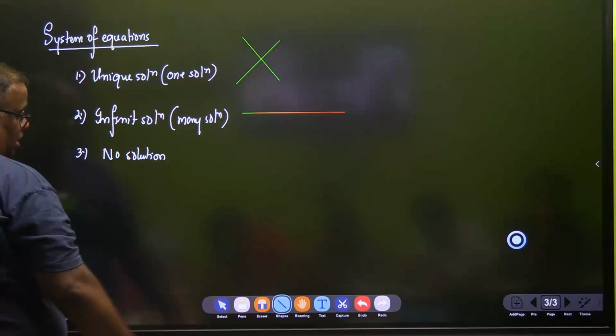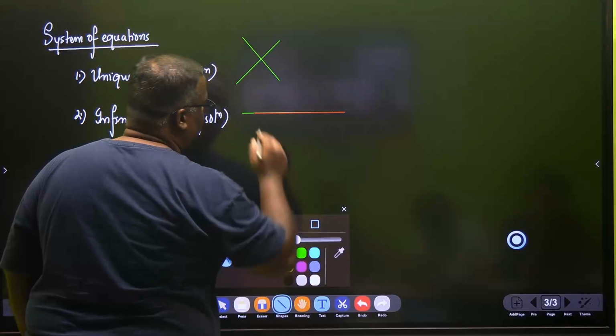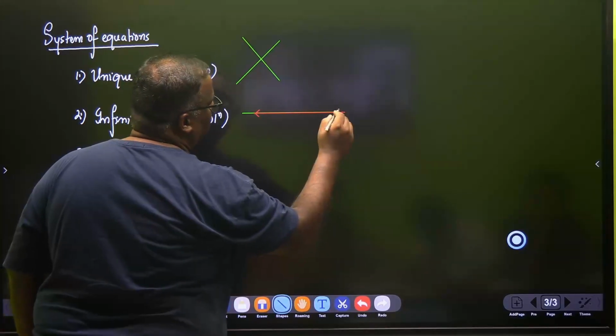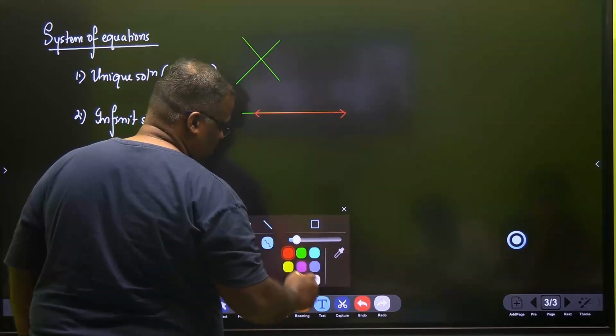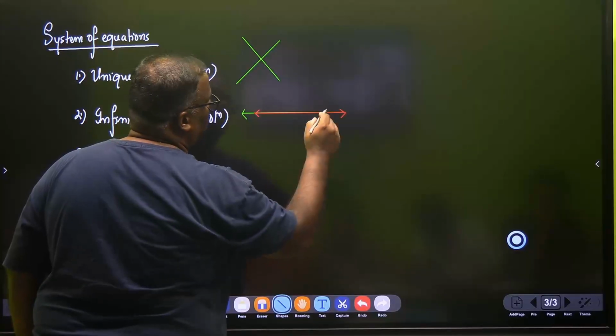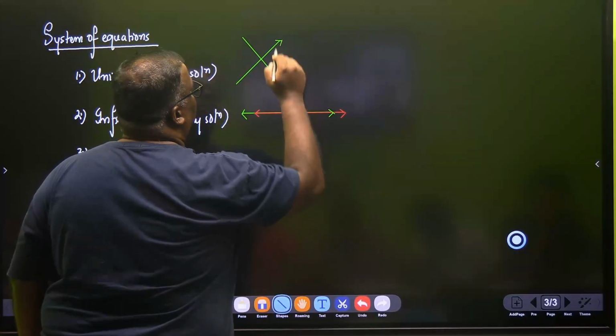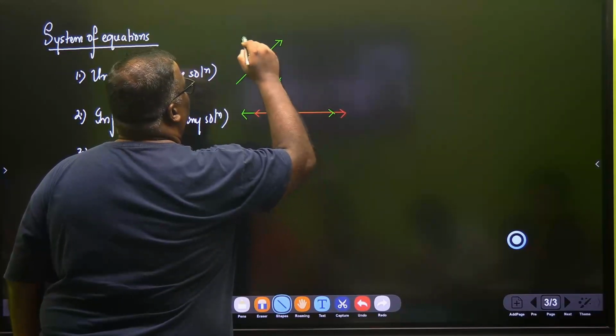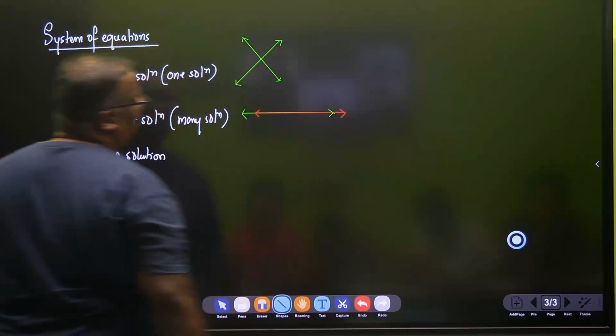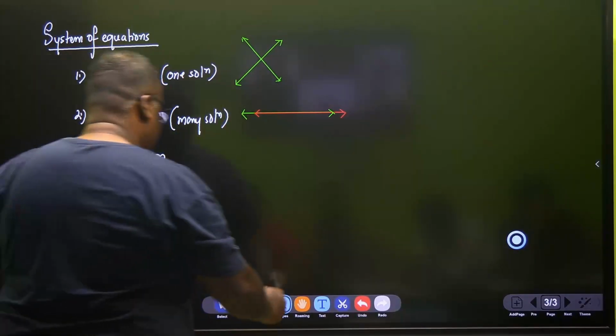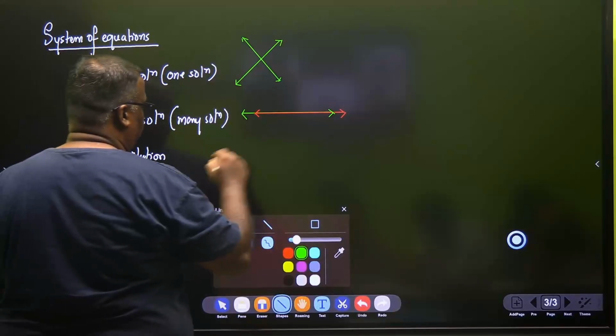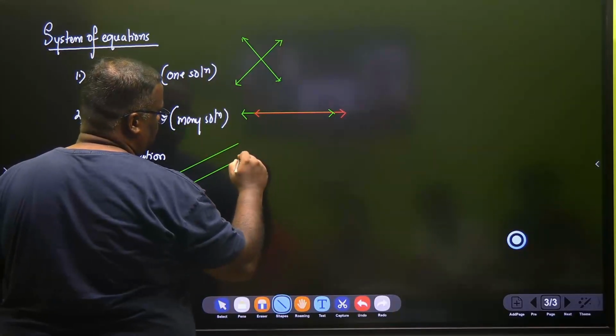I hope you understand, right? So let's say this is the red line and this is the green line. Fine. And no solution means I will have parallel lines.